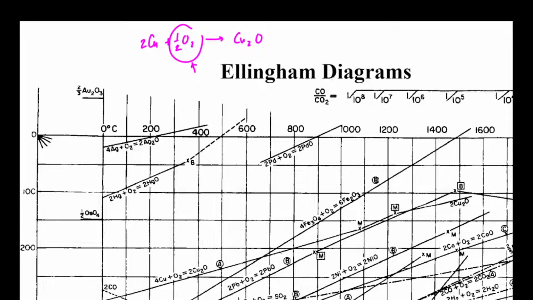Okay? Pero again, pag Ellingham diagram, kailangan naka per mole O2 na basis. So kailangan niyo i-convert yung equation niyo into a per mole O2 basis. So for you to convert that, kailangan i-multiply by 2, no?